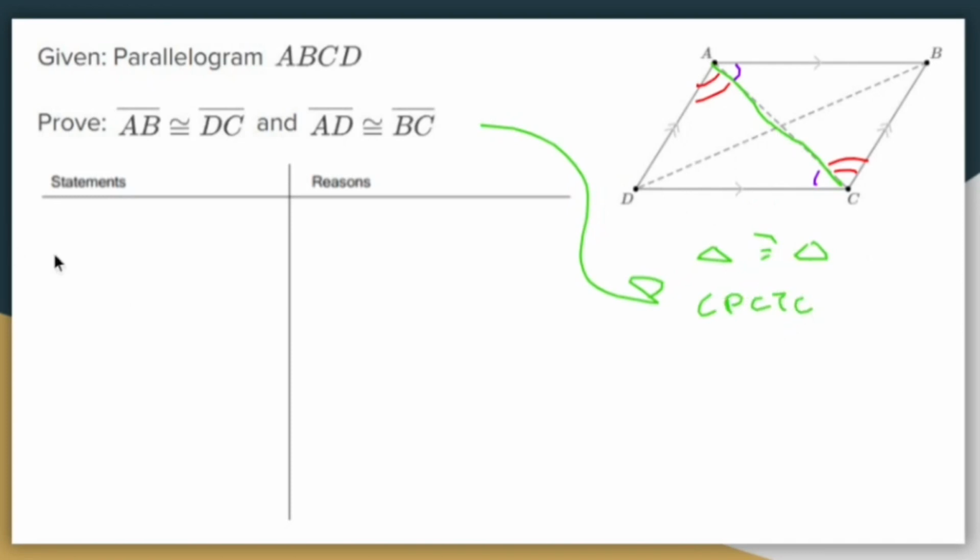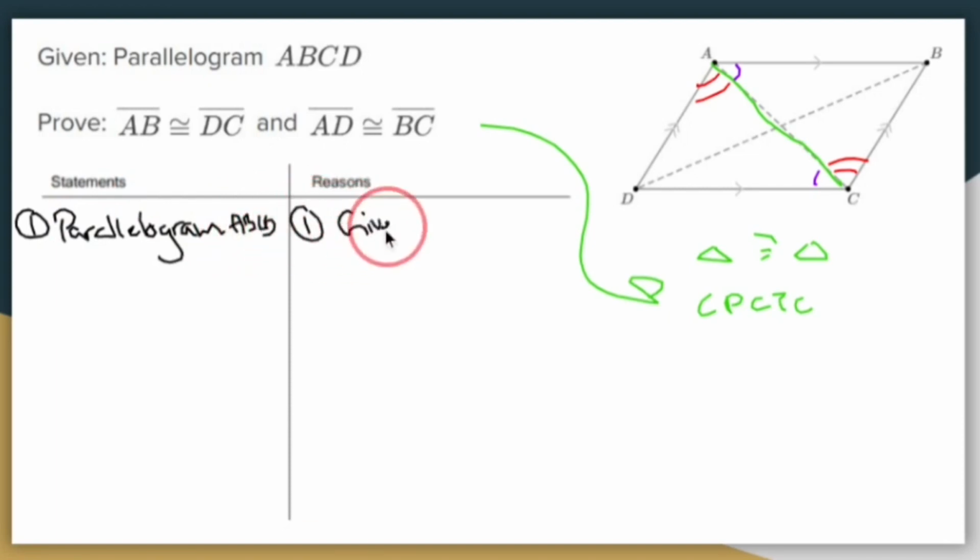So first things first, always the given. Okay, we are given a parallelogram ABCD, and that's our given. Now, this might be an unnecessary step, but there's no harm in doing it.